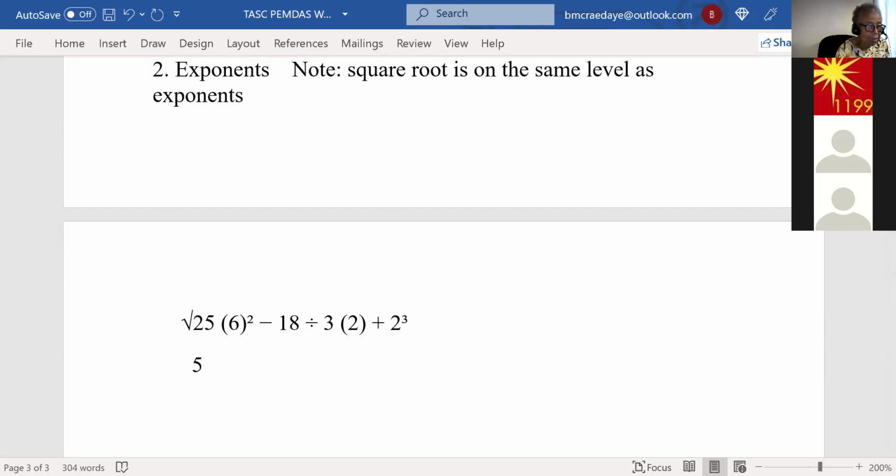And Vanessa, what's 6 squared? 36. So now we got 6 times 6 is 36. All right. Okay. And this minus, let me just copy this after that and then do the other power.